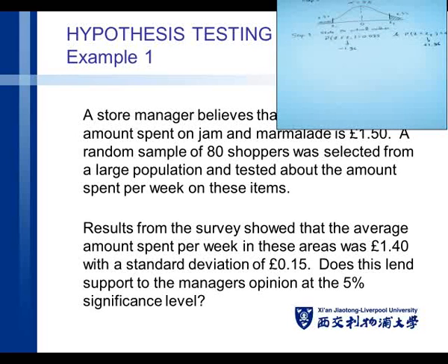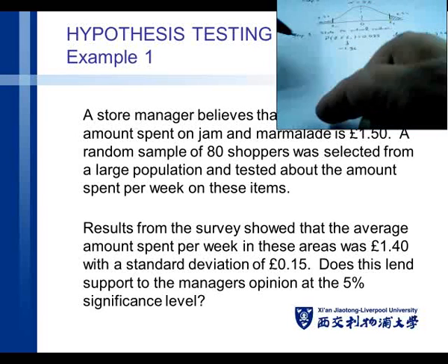The test statistic, what you need to do is standardize that sample mean. Basically make it from the normal distribution to a standard normal distribution. That's what the test statistic is. So you can compare it with these critical values from the standard normal distribution.